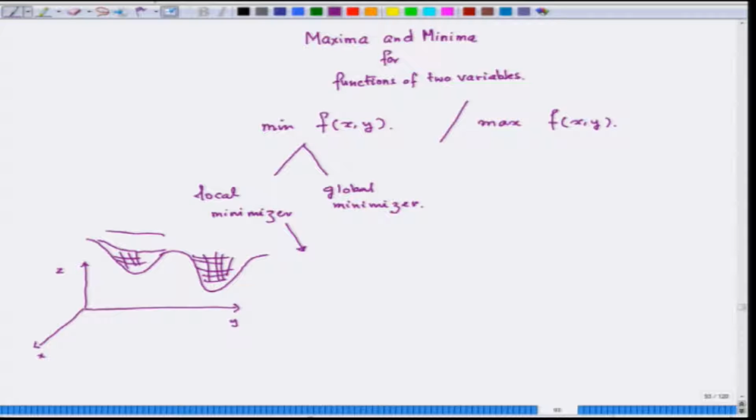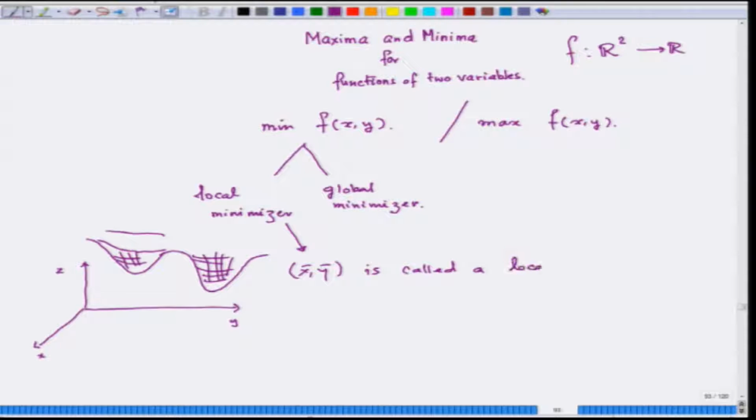So, a local minimizer is what? So, x bar y bar is called a local minimizer of f. This function f, sometimes if you want to write a function of two variables, you can write it as a function from R2 to R, where R2 is nothing but a symbolism of the plane, just telling you that every point in that plane is given by a pair of real numbers.